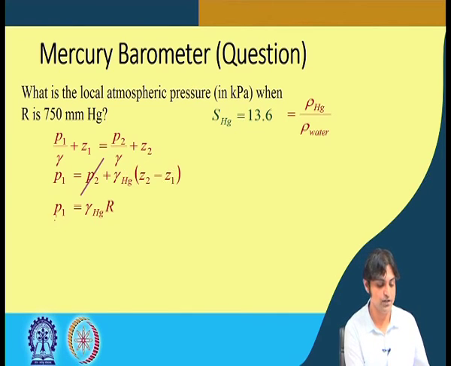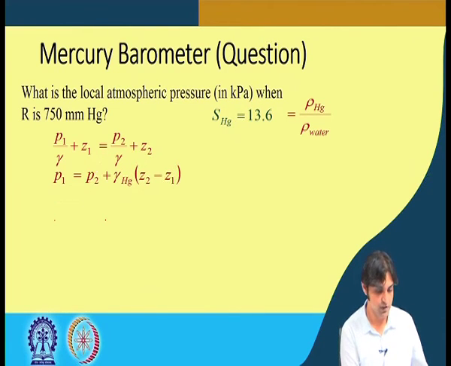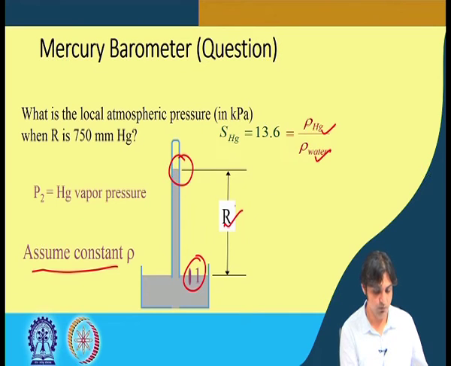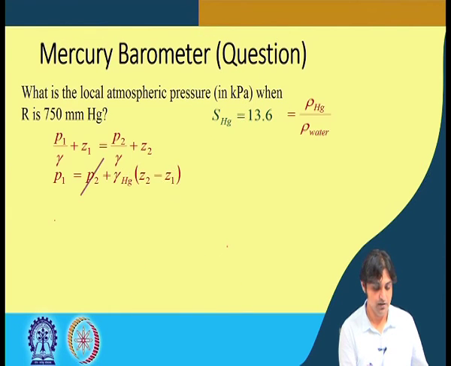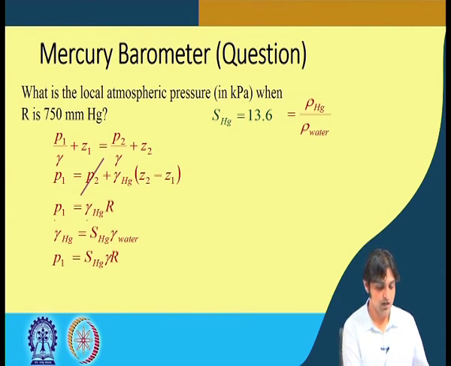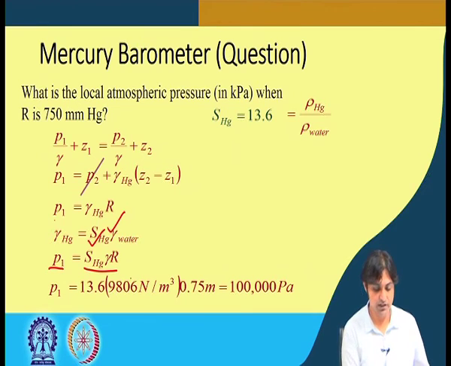So the pressure at point 1 will be gamma Hg into R, because z2 minus z1 is R. Gamma Hg can be written as specific gravity of Hg into gamma water, so pressure will be S Hg gamma into R. On calculation it gives almost 100,000 Pascal.